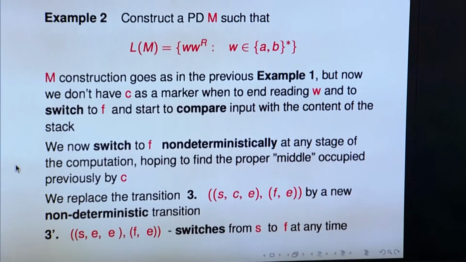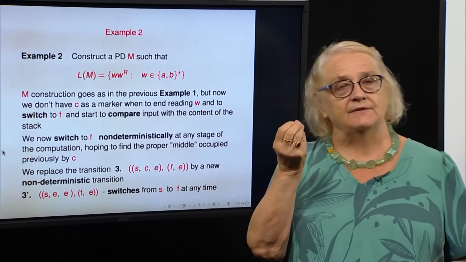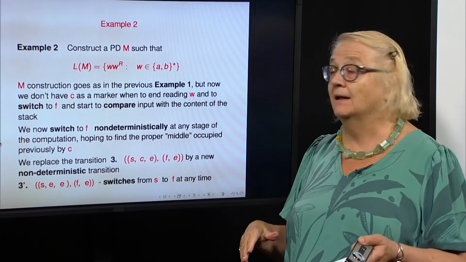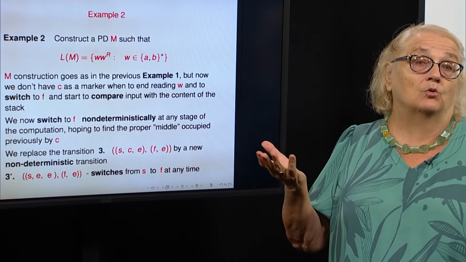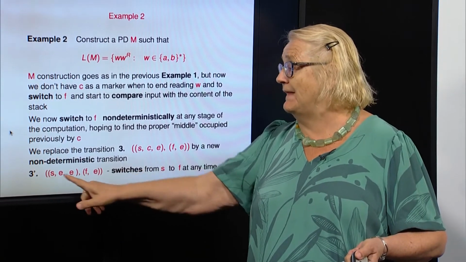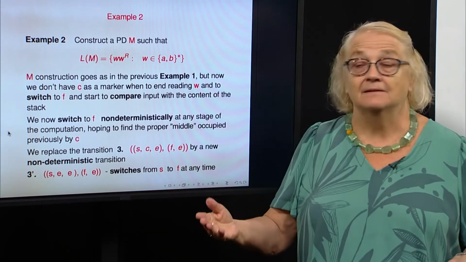It's the simplest automaton. Now, what's happening when you don't have the C? The C tells you when to start comparing. When you don't have it, you have to be able to compare at any moment. So you add another transition so that you can switch to F in any place.